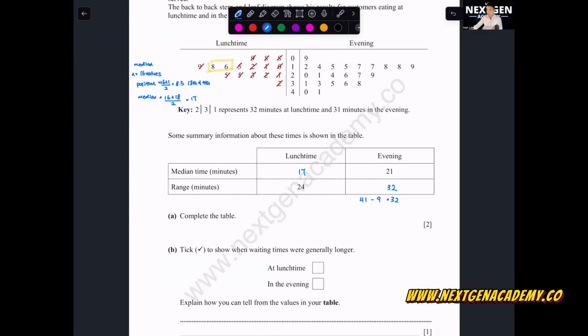Looking at the values here, what do you think you want to compare? Waiting times were generally longer. We already have some data here. The median time for lunchtime is 17, evening is 21. Range for lunchtime is 24, evening is 32. What do you think we are comparing?